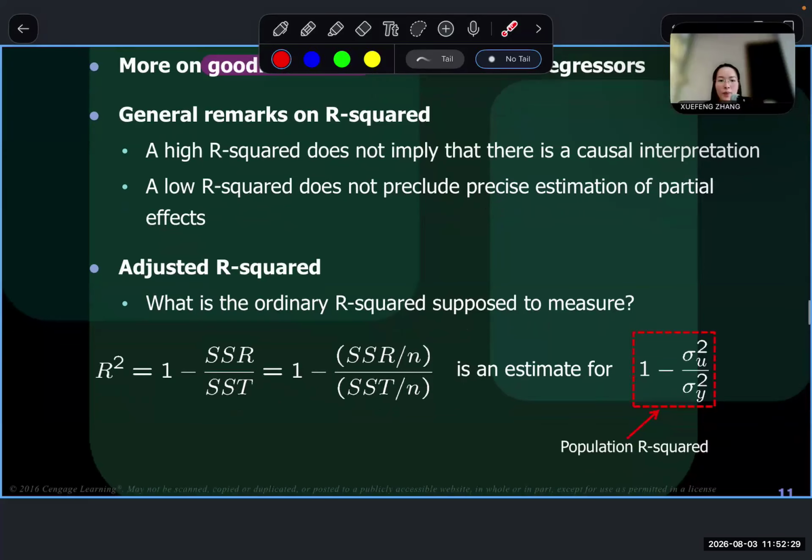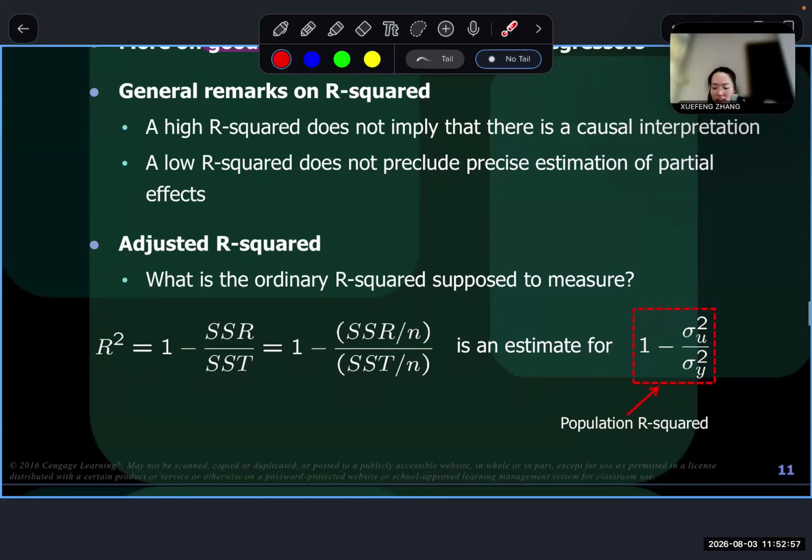So now, what is R squared actually estimating? Look at this formula. This is the ordinary R squared: 1 minus SSR over SST, right? And then we rearrange it: 1 minus SSR over n, and SST over n. Why?